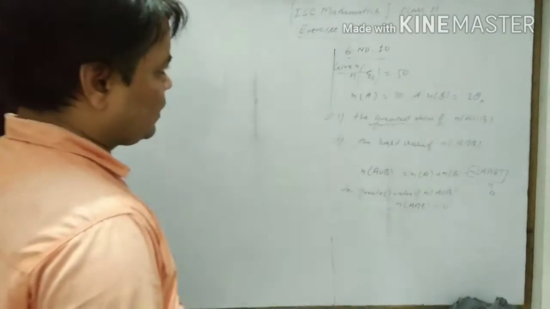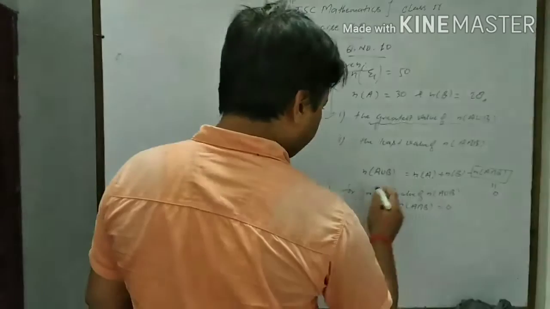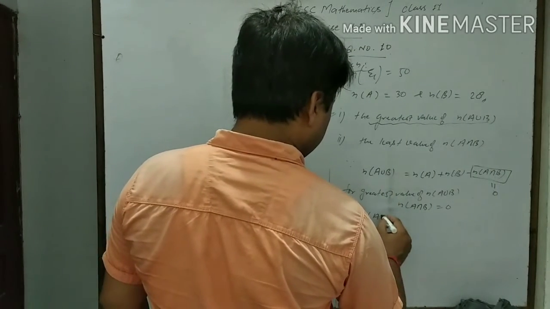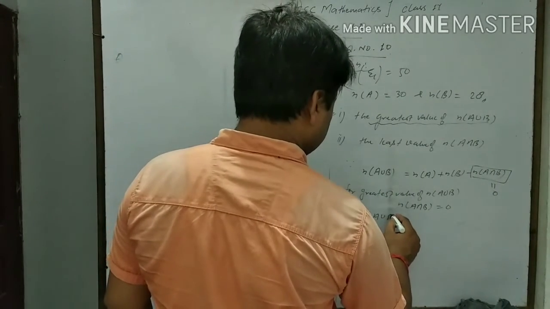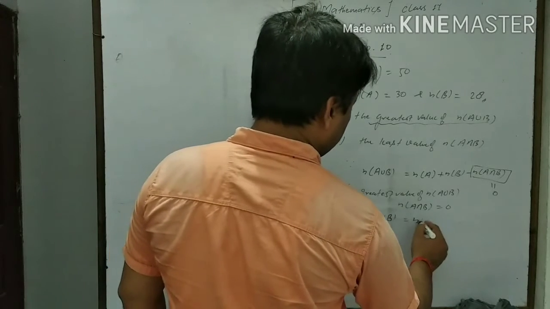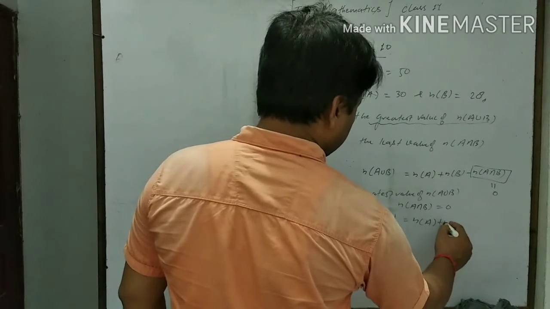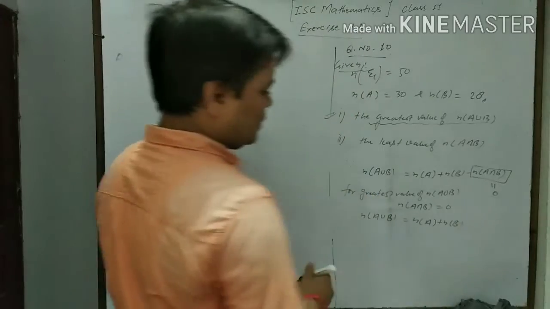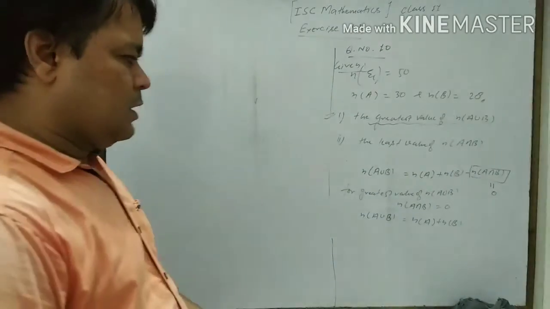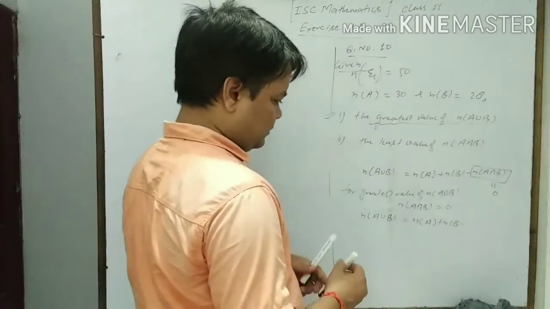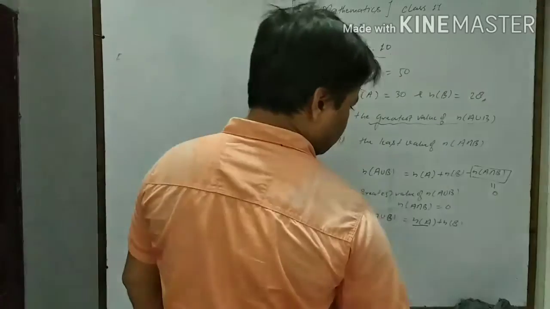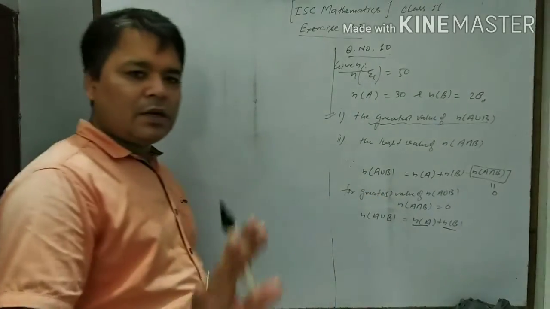Okay. Therefore, the cardinal of A union B will be the cardinal of A plus the cardinal number of B. But here we know that the cardinal number of A is not given, the cardinal number of B is also not given.